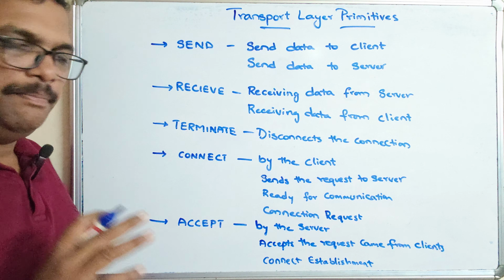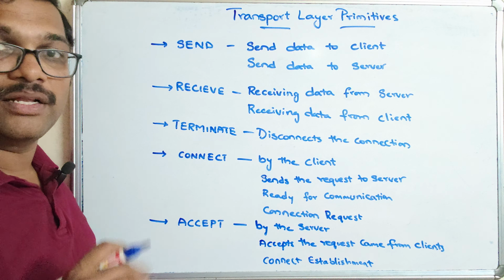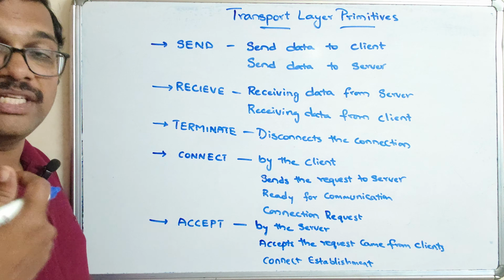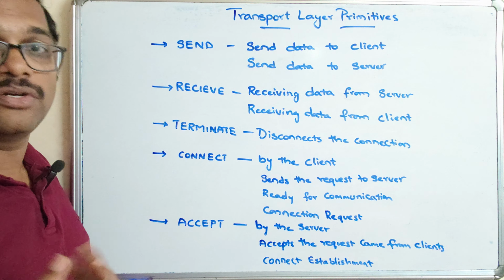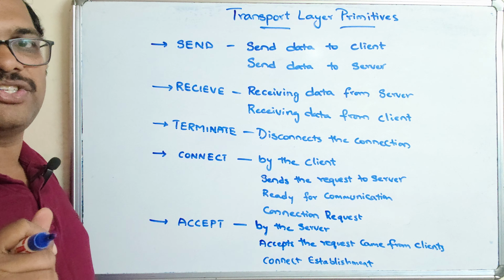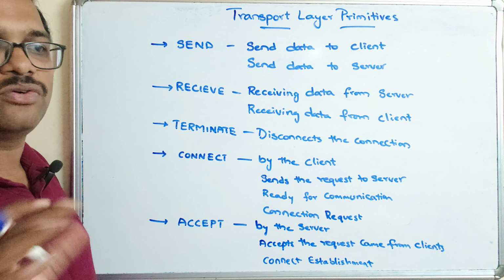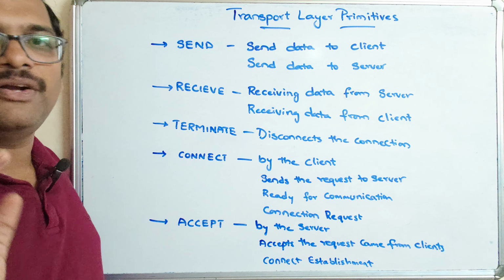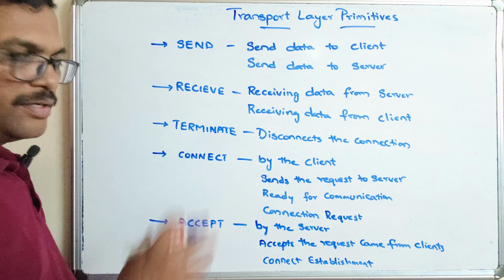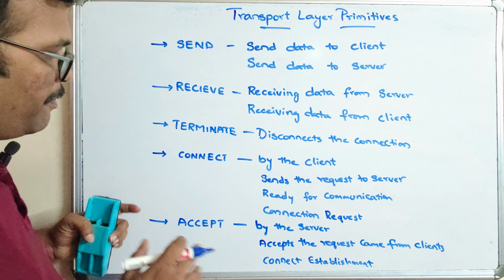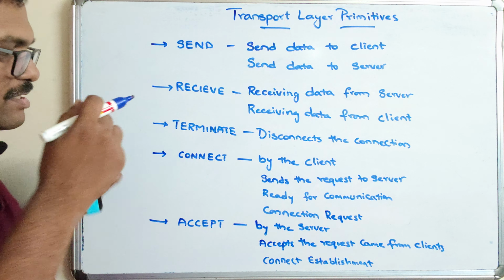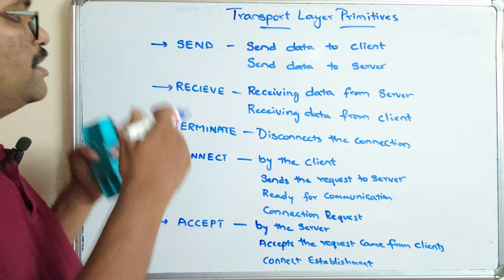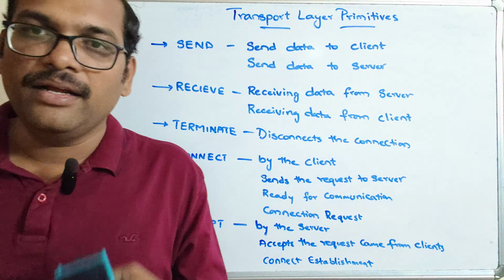So these are all the primitives. These transport layer primitives are used for establishing a connection between two systems, and also to send and receive data between two systems. Hope you understood this. The primitives are: LISTEN, CONNECT, ACCEPT, SEND, RECEIVE, and TERMINATE.